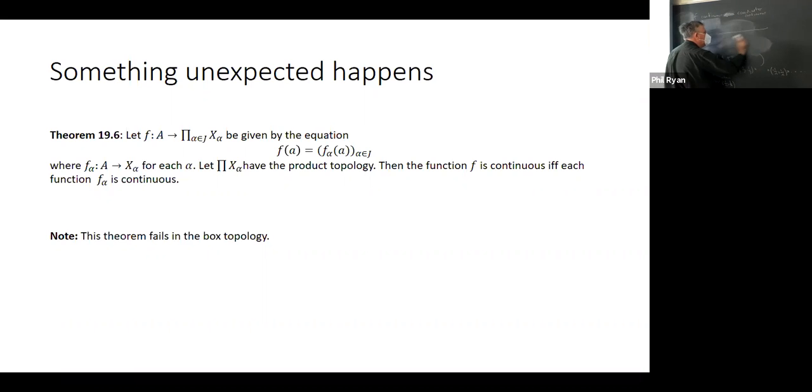But why don't we get into that trouble for the product topology? Okay, so we've got all the f alphas being continuous. So what we've got to do then is just show that f inverse of some sub-basis element of the product is open.